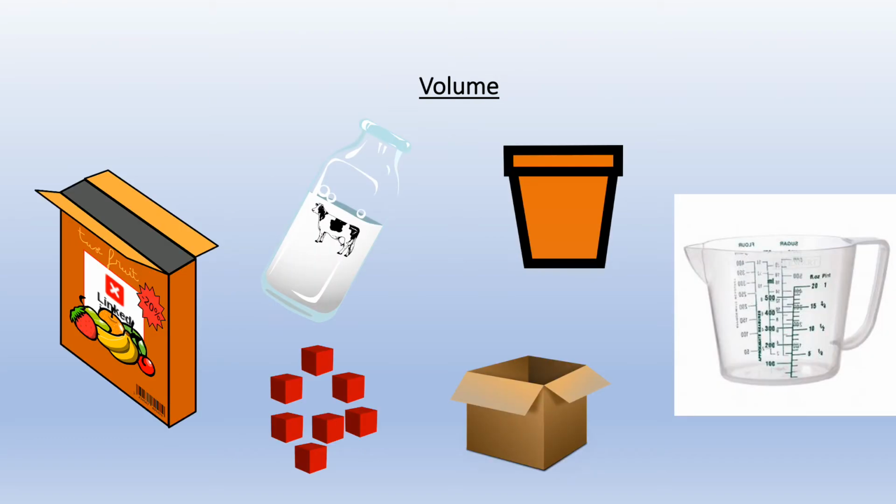Children recap on the difference between capacity and volume that they were taught in years 3 and 4, and focus on having lots of practical experience building solid shapes with centimetre cubes or bricks, and compare and order the volume of different shapes. And then they can estimate the volume of objects.